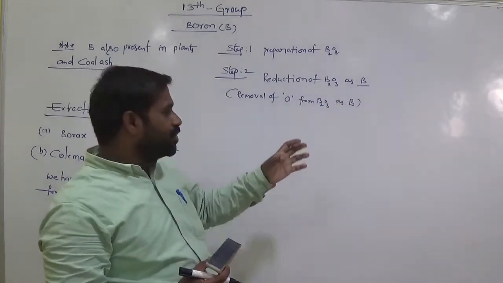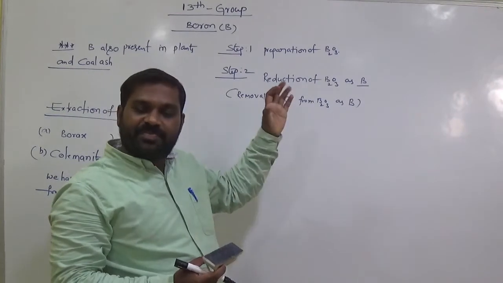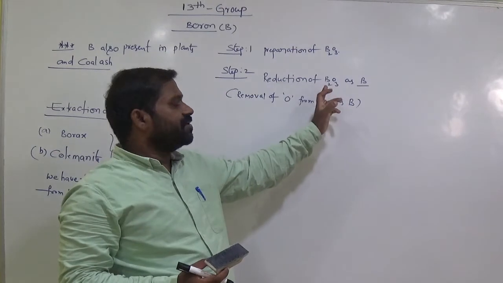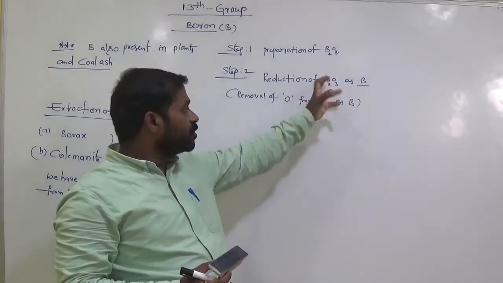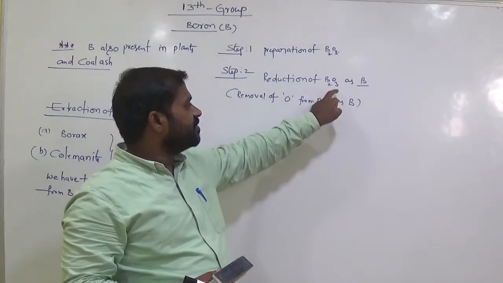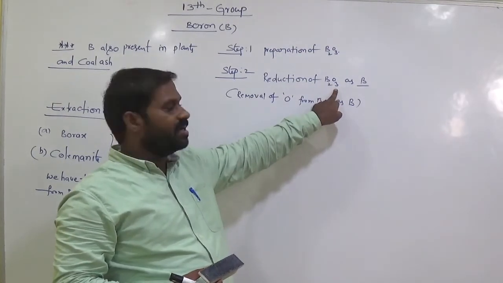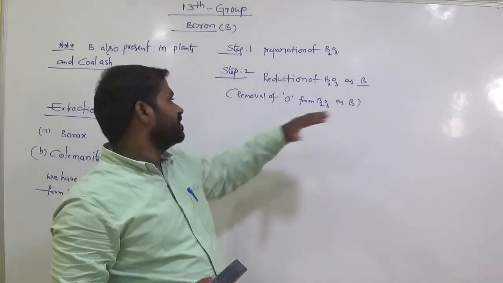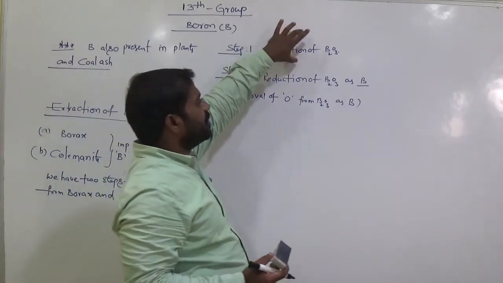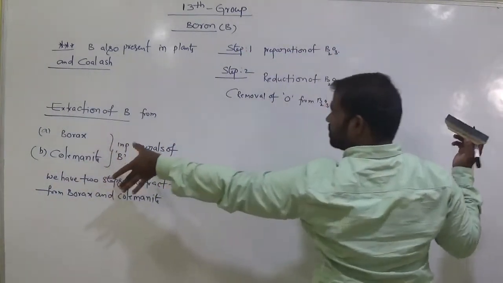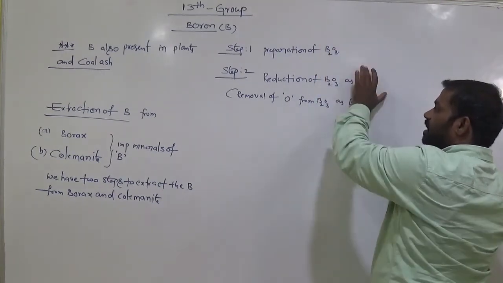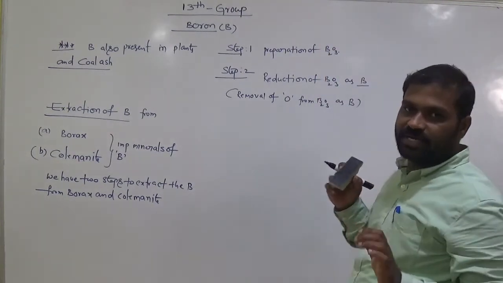What is our aim? To extract or prepare boron, we reduce B2O3. Then what is the remaining one? Boron. That is our aim. So the first step is preparation of B2O3 from these sources, and in the second step we remove the oxygen from B2O3, then we get boron. These are the two important steps.